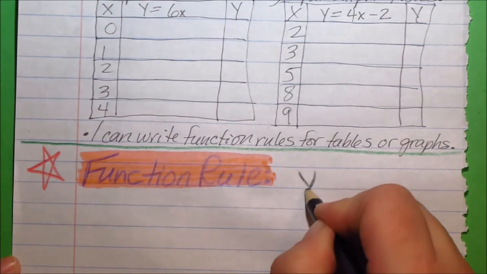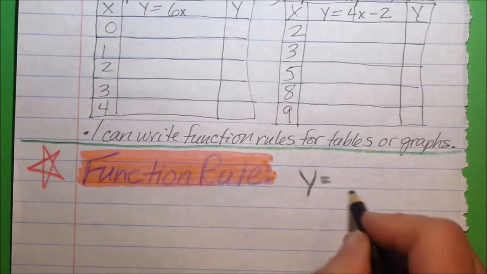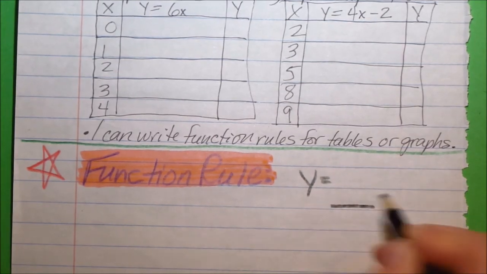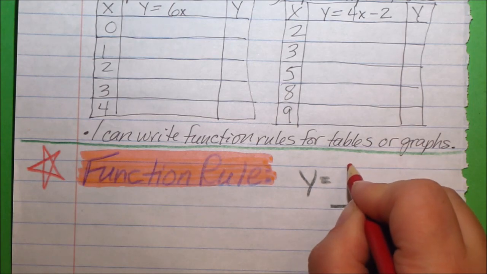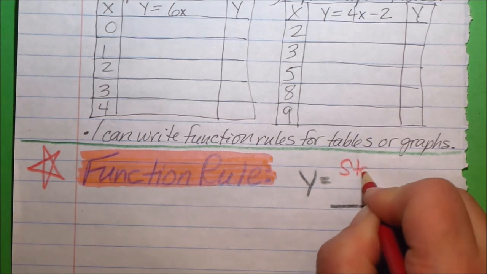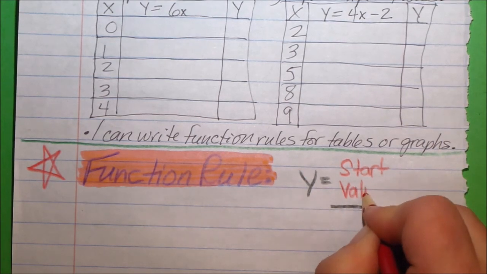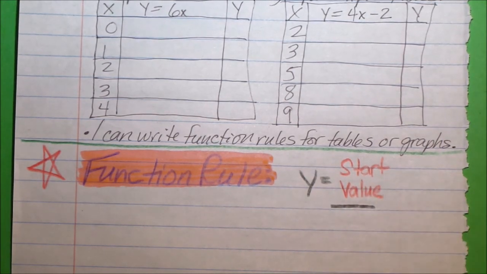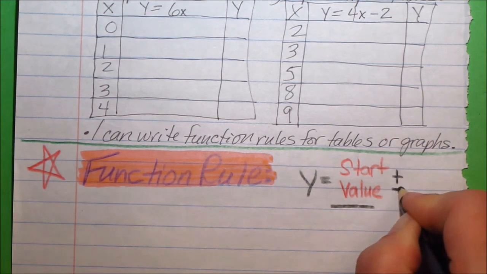All right, well, the function rule starts with y equals, and there's a number after y, and that number is known as the start value. Okay. Then after that, there will either be an addition or a subtraction sign, so plus or minus.